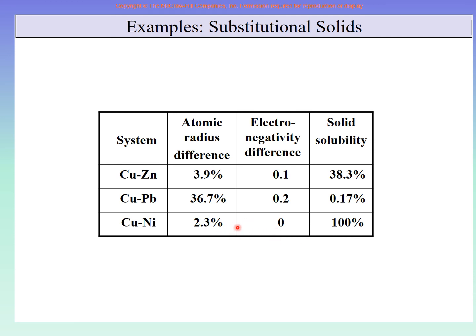So a very high chance of solubility. Practically they found they are 100% soluble in each other. But copper lead, very large atomic radius difference, low solubility, bigger electronegativity difference, low solubility. So only 0.17%, less than 1%. There is almost no chance that these two will make a good alloy or a good solid solution.